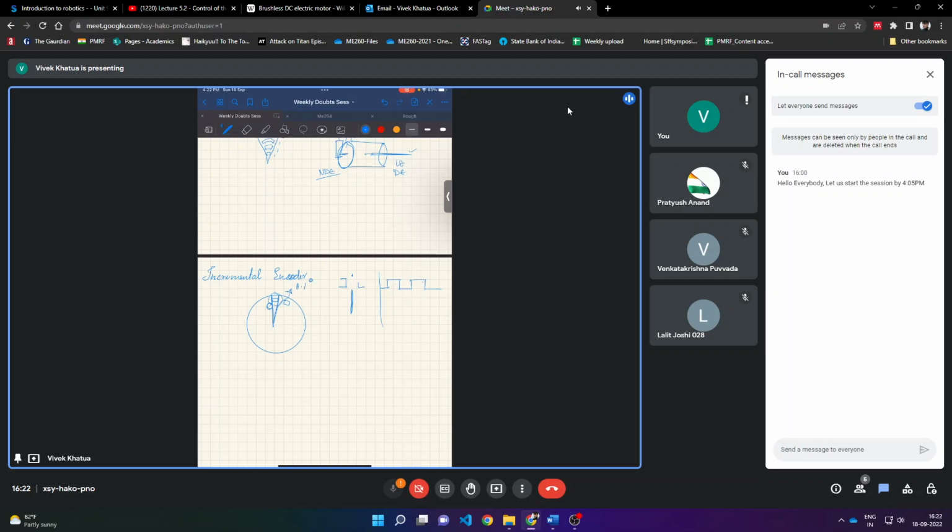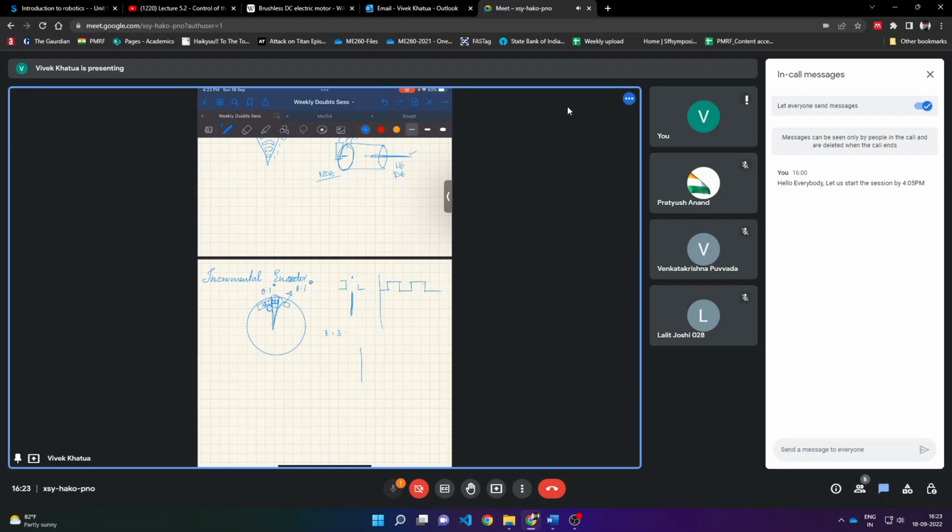If I encounter 4 pulses in, let's take, 3 seconds, the distance between any 2 pulses will be 0.1 degree. Actually, this will have 0.1, then there will be a gap of 0.1, and then there will be 0.1.